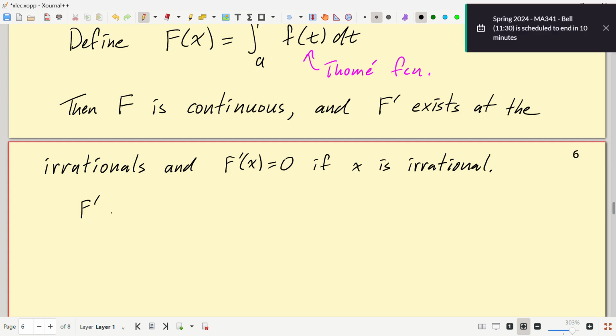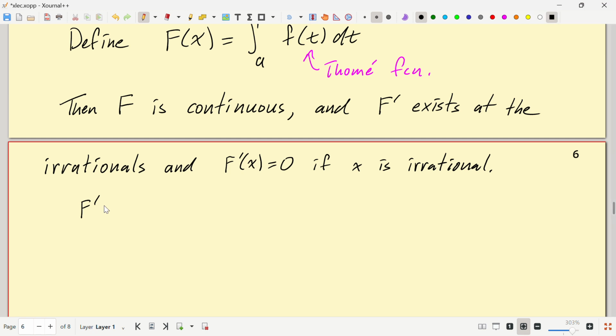Let's see. In fact, I should say, F is identically 0. Wait a minute. Yeah.